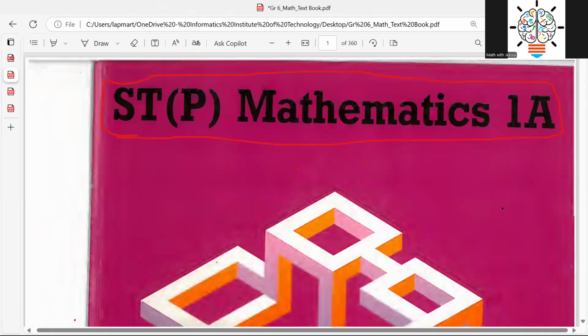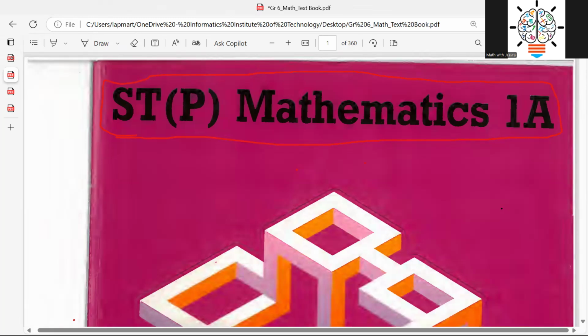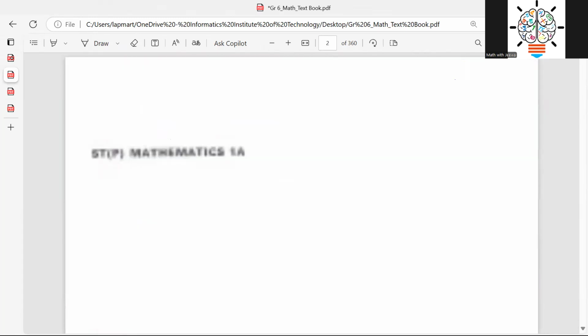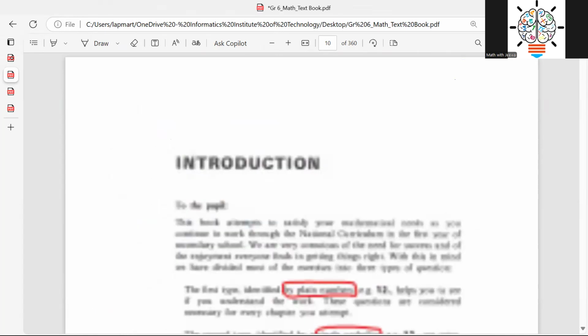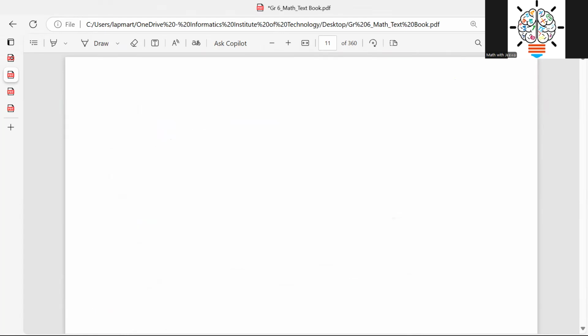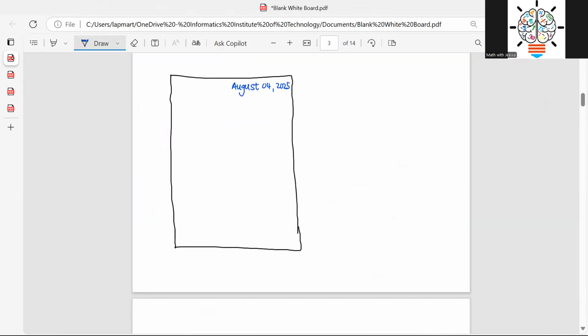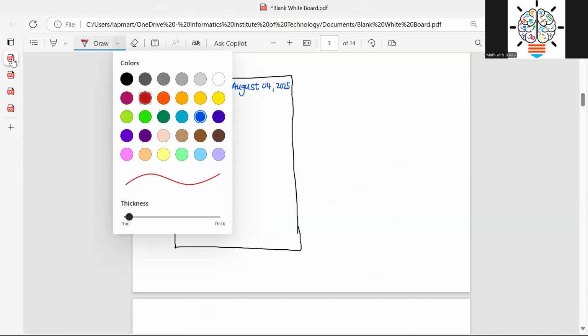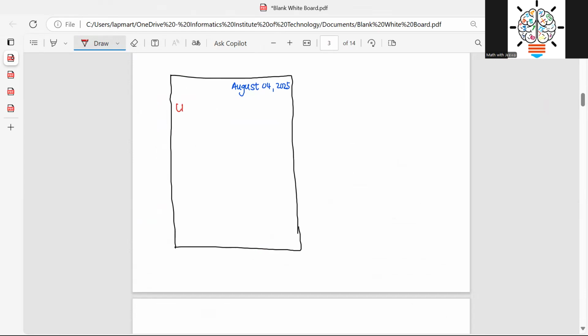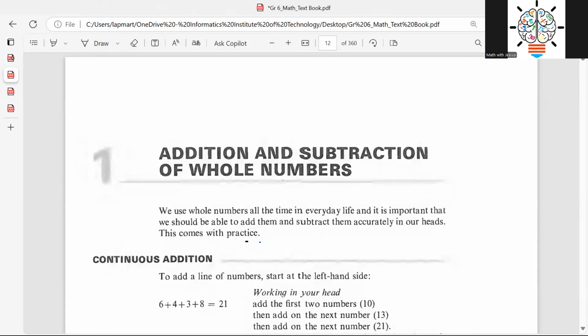And you write the topic. What is the topic we are going to do? In pink color, you write unit 1. Unit 1, and you write addition and subtraction of whole numbers.